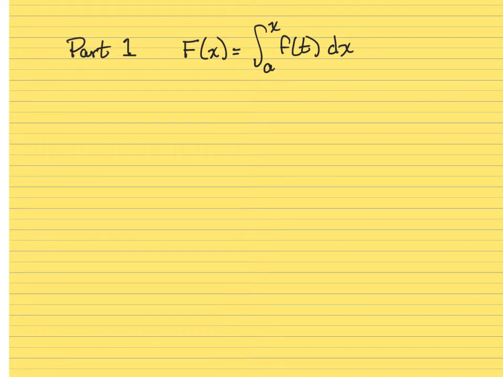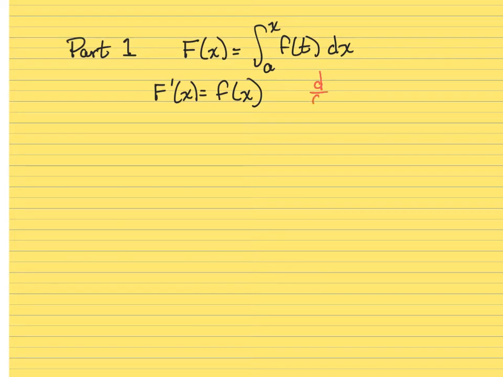Well, the first part of the fundamental theorem of calculus says, if you want to take the derivative of this function, it's simply f evaluated at x. Okay, so let me put that in a little more concise terms. If you ever need to take the derivative of an integral, you just get this function back. Let me write it this way.